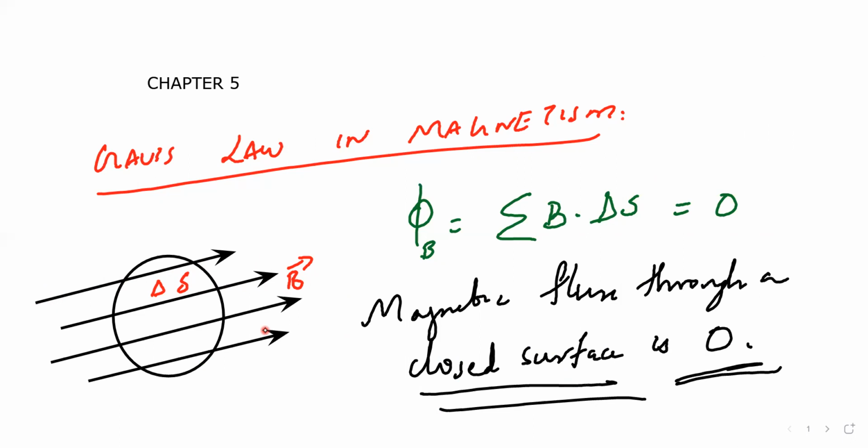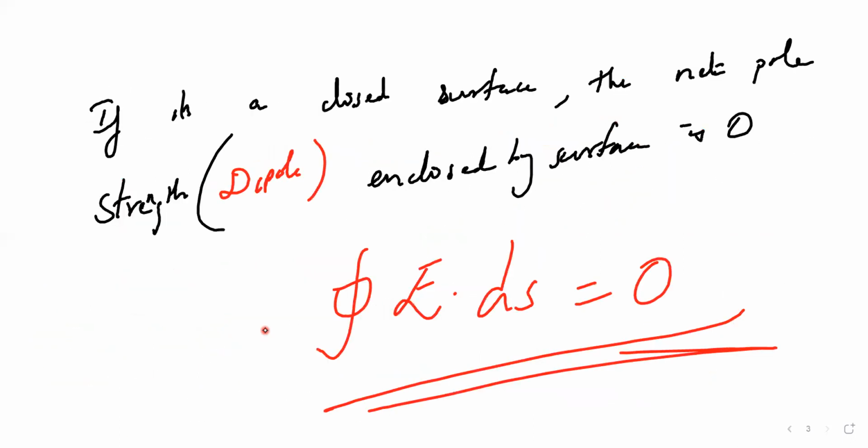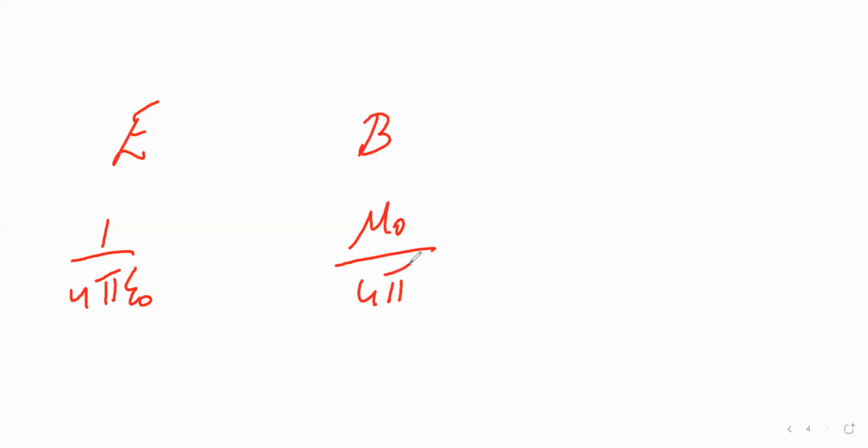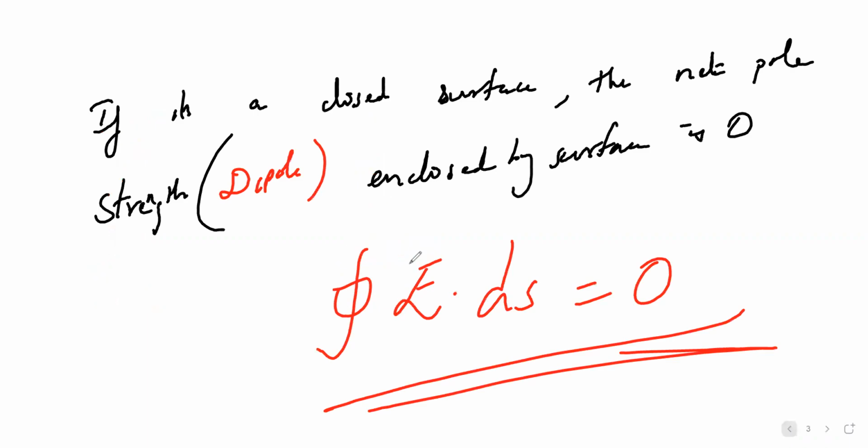In electric field, I used 1 by 4 pi epsilon naught. This is electric field and this is magnetic field. This will be mu naught by 4 pi. That's it. So same concept only.